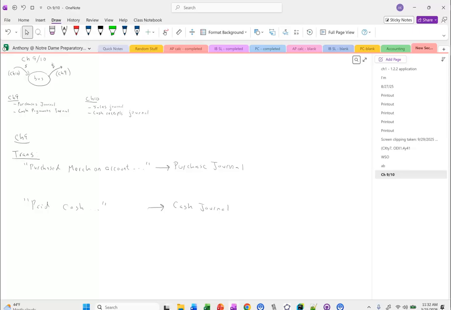So in the situations where we purchase merchandise on account, we record those individual entries into the journal, and then those individual recordings get recorded into the vendor ledgers. And when we total the purchases journal, those totals get recorded into the general ledgers.